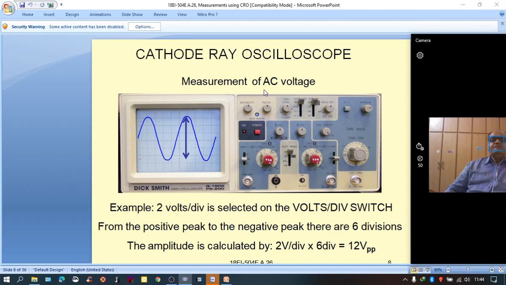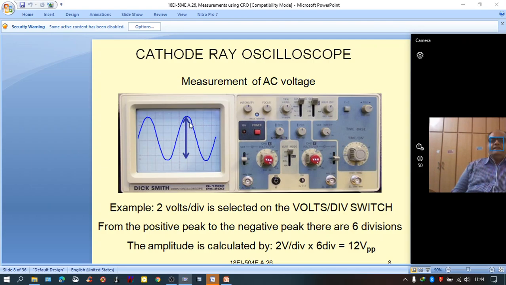Now, measurement of AC voltage. When an AC signal is applied, as already we have seen in the last class, we have to measure time period and peak to peak magnitude. Here, to measure the peak to peak magnitude, see the distance between the upper peak to the lower peak.